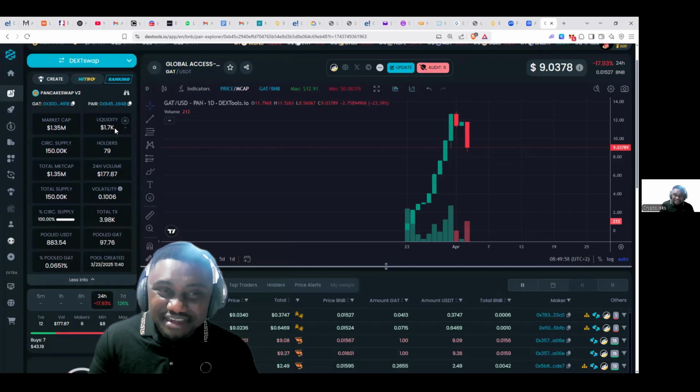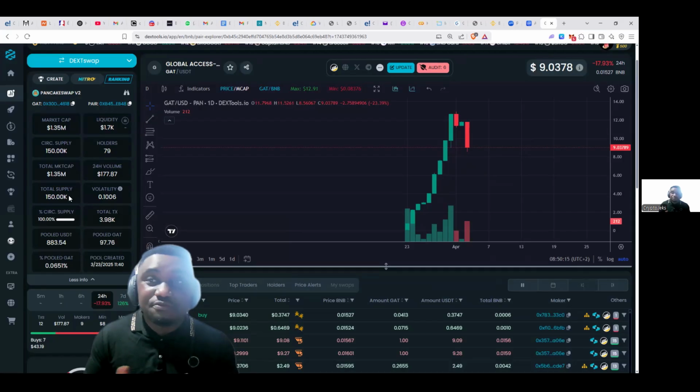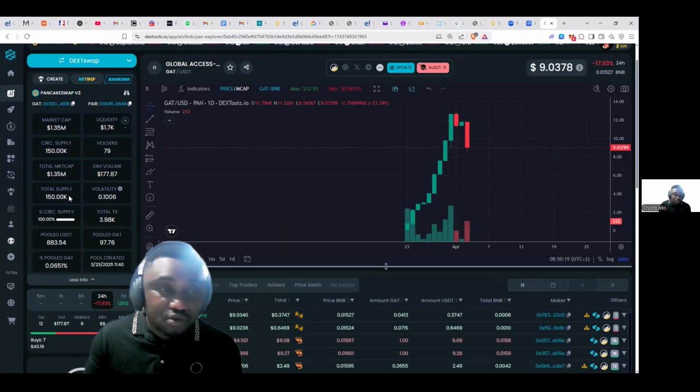That is very, very low. Now, there are about 79 holders, and the total supply of this coin is 150K. I'm going to show you the implications of total supply of a coin and how it determines what the value will be in terms of the price. But let's just follow up with what we're doing. So the total supply here is 150,000.